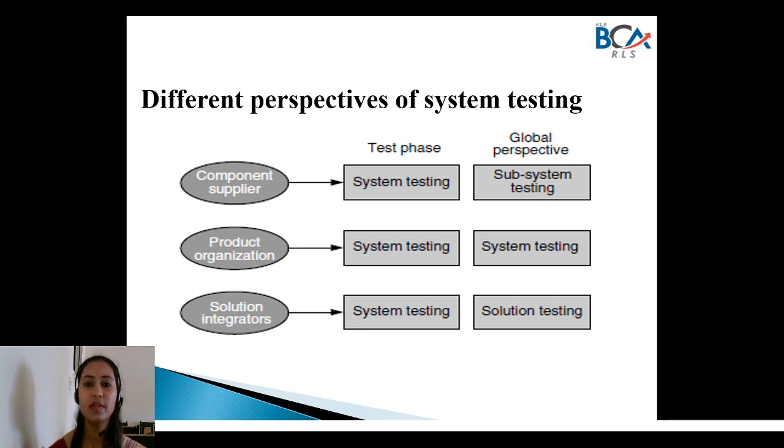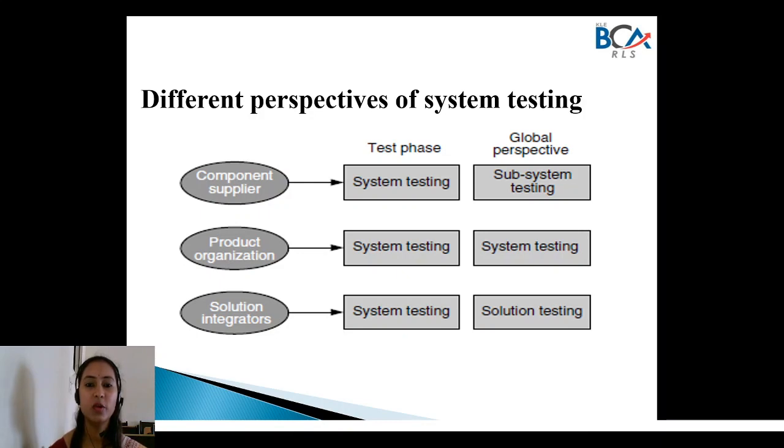Different perspectives of system testing. So what are the different perspectives of system testing? It is basically performed on the basis of written test cases according to the information collected from your architecture, design and documentation and module specification, and also the requirements gathered from your system requirement specification. Sometimes system test cases are created after looking at the system design to include the functionality that tests the system together.